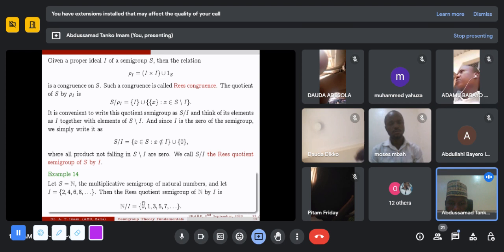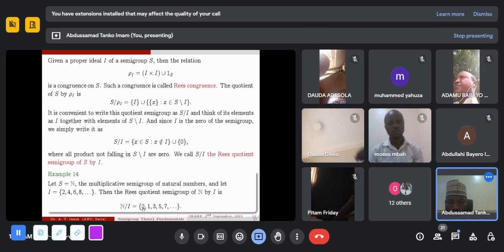So this is the Rees quotient semigroup of the semigroup of natural numbers by the ideal of even natural numbers.